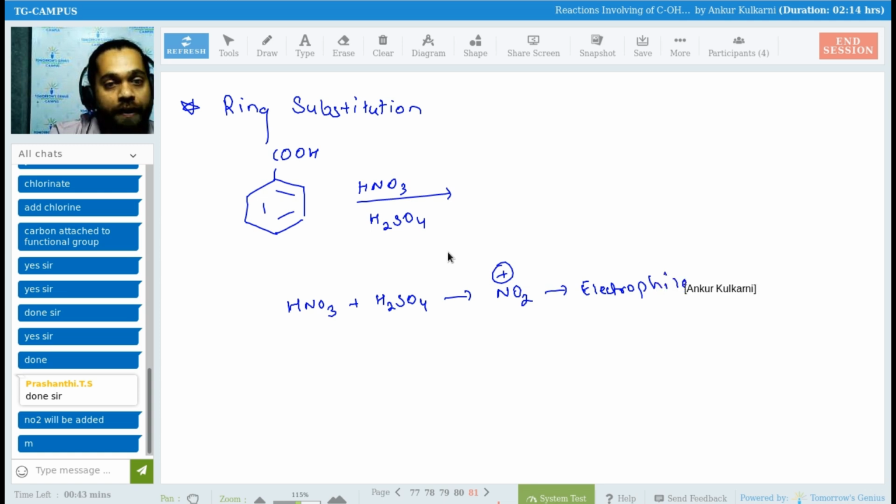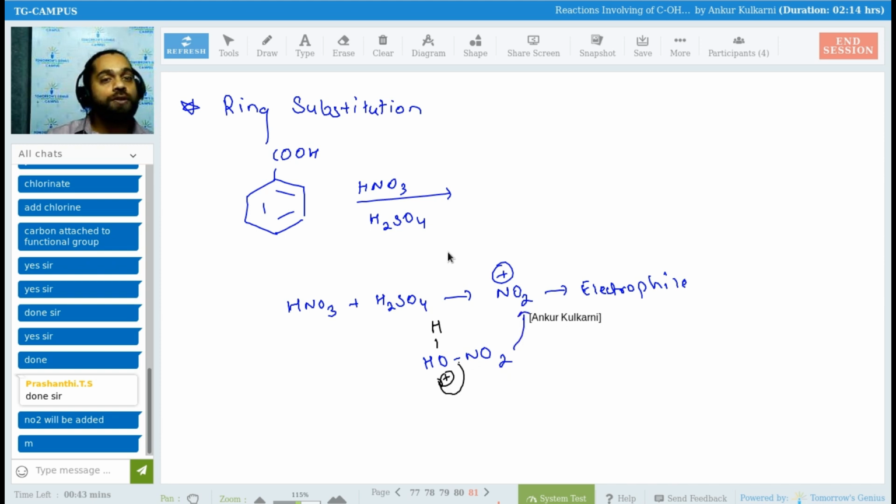HNO3 is like this: H, N, and O3. H2SO4 donates the H plus over here. So this becomes positive, requires electrons. This bond breaks, the electrons go away. So what do you get? You get NO2 positive.